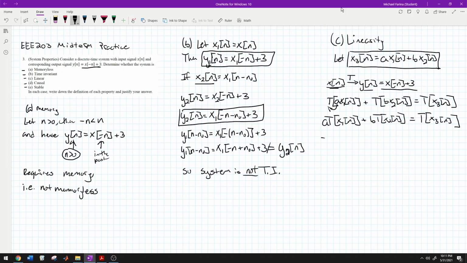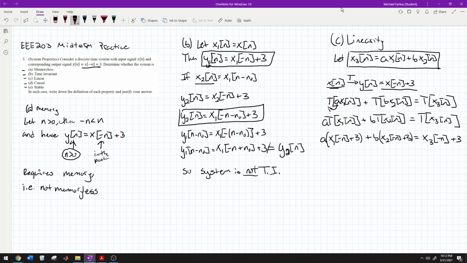So then we'll have a times x1 of minus n plus 3, plus b times x2 of negative n plus 3, equal to x3 of negative n plus 3.